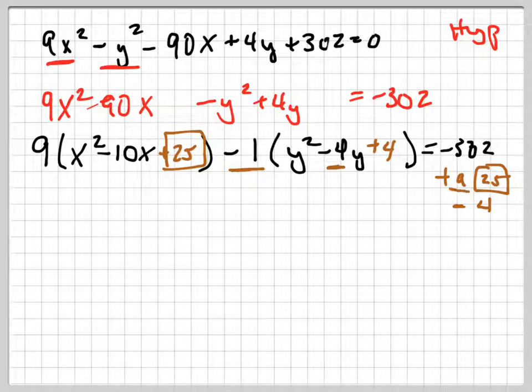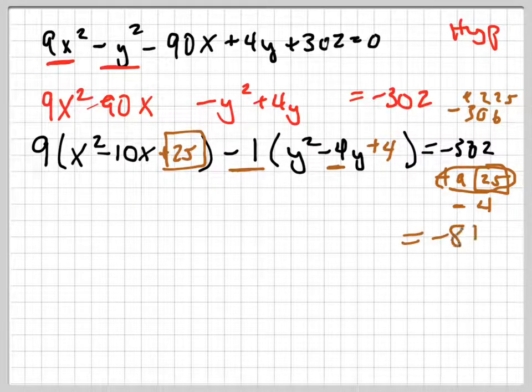This is 25 short of 250, so that's 225, and this is -306 plus 225, so the difference there is -81.